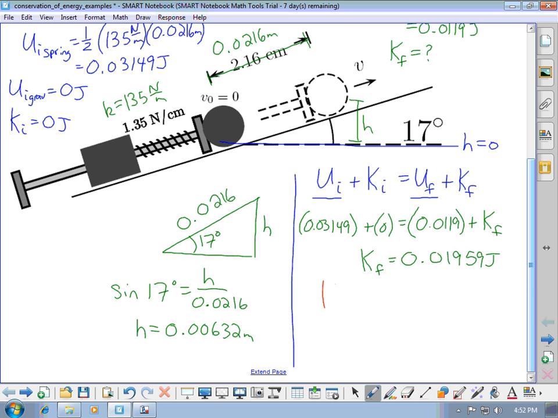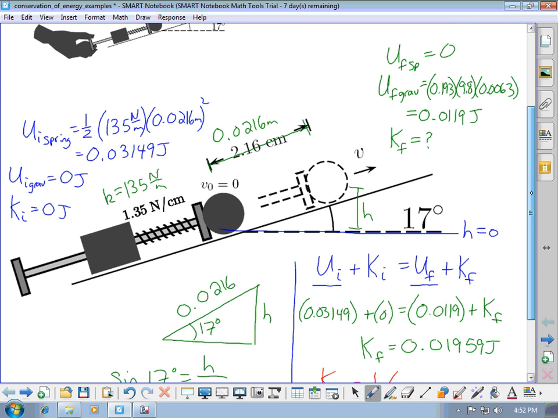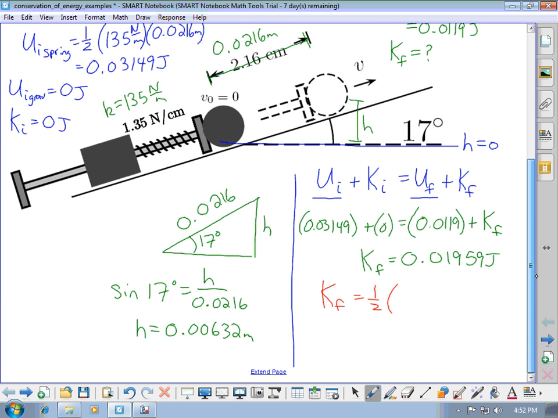So that final kinetic energy is 1/2 times the mass. The mass of this was 0.193 kilograms, times the speed squared. So 0.01959 equals 1/2 times 0.193 times the speed squared.